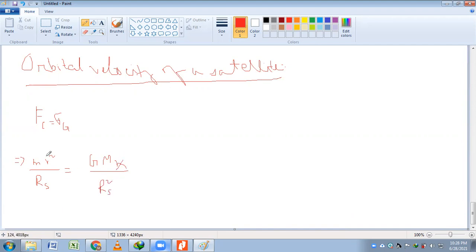Small m and one rs cross out. So what we have is v squared equals GM by r of the satellite. So orbital speed is given by root over of GM by r.